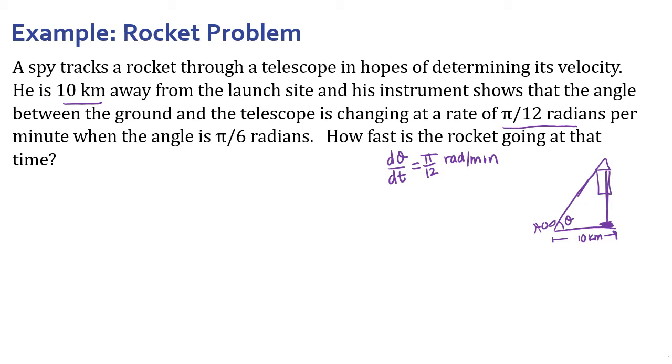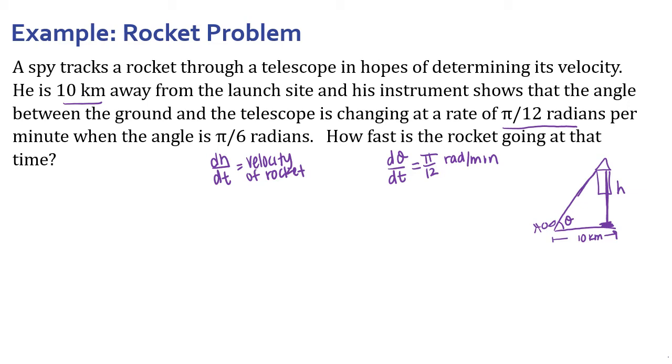Okay, so let's say we've got our h value. So how fast the rocket's going would be the derivative of h over time. So how quickly that height is changing. So that's going to be the velocity of the rocket. It's how fast that height is changing.